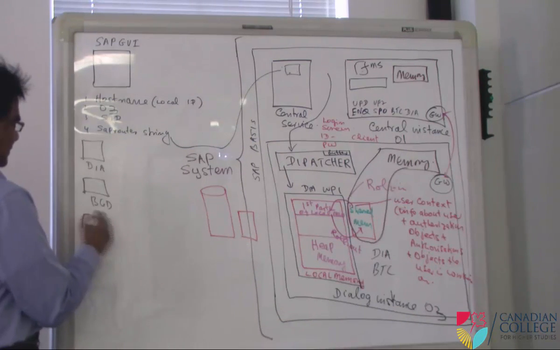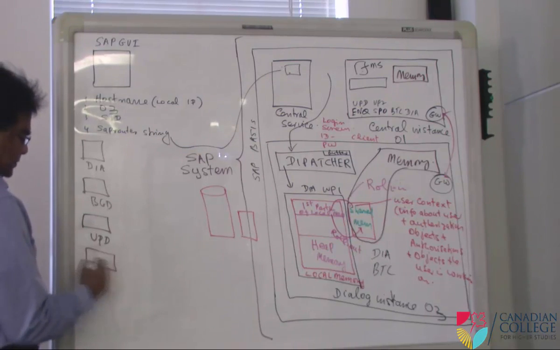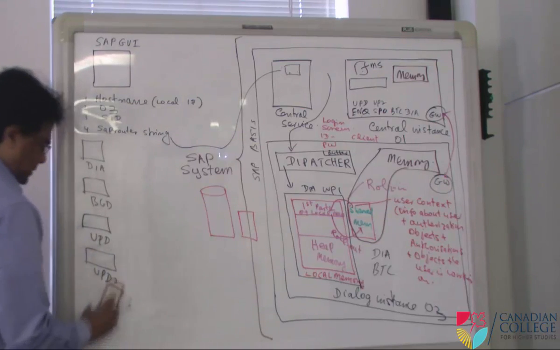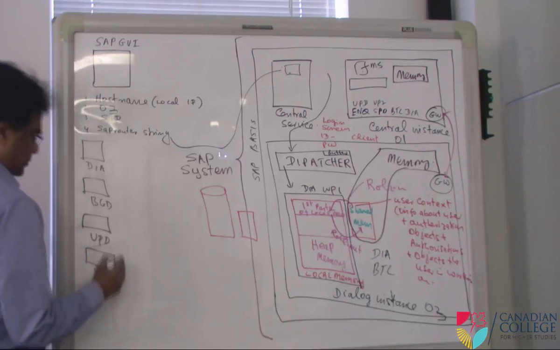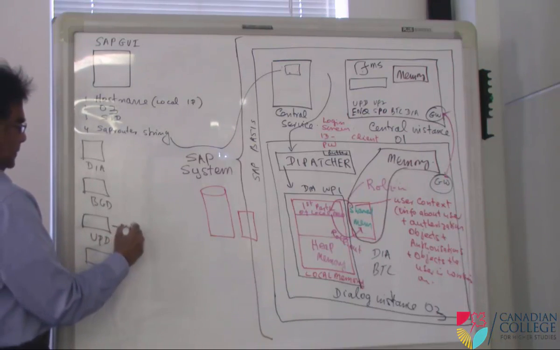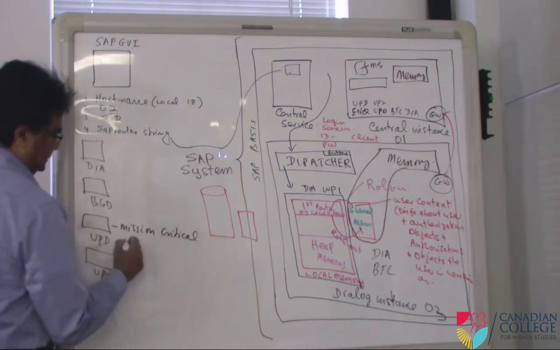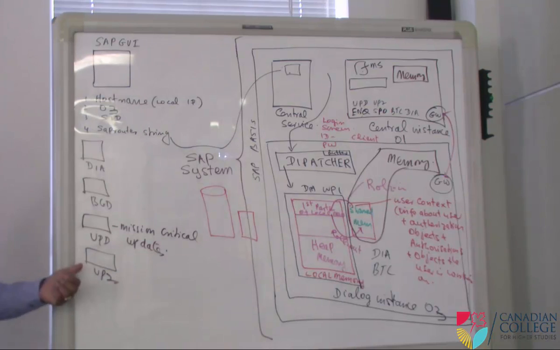Then apart from that, we have the update work process and the update 2 work process. This will do mission critical updates. This is less mission critical updates.